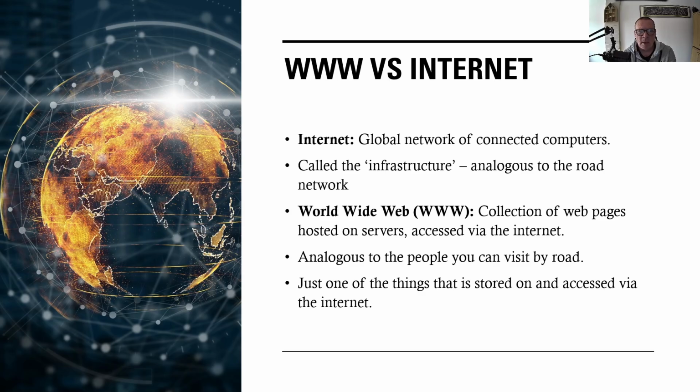The World Wide Web is a collection of web pages that are hosted on servers and they're accessed via the internet. So it's a bit like saying they're people that you can visit. You have to use the infrastructure, you have to use the roads, and then you can go and visit somebody. And that's the analogy for the internet versus the World Wide Web.